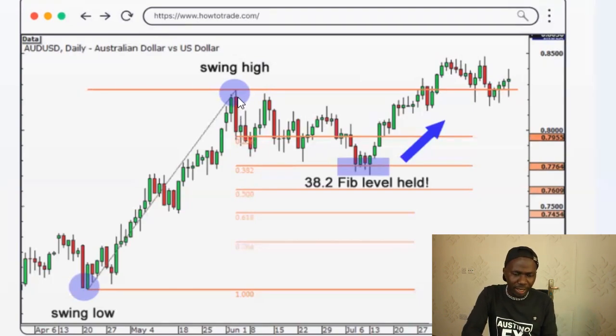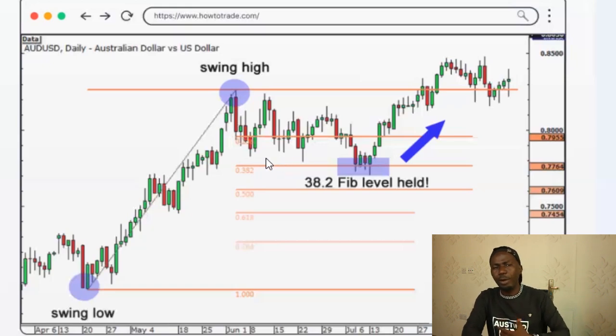So now you can clearly see that the market went down all the way to this 0.38 fib and began to consolidate. That is to say, the market was unable to break below this 0.382. So this tells you that the Fibonacci level of 0.382 is holding onto the price.